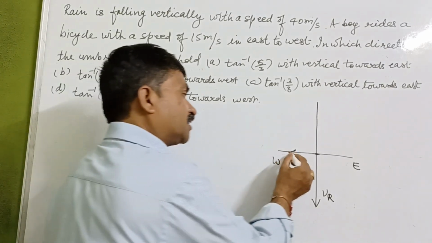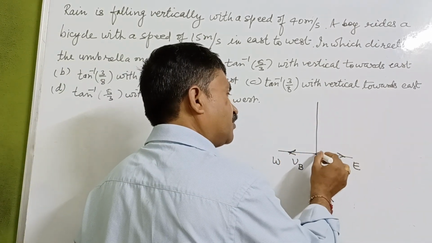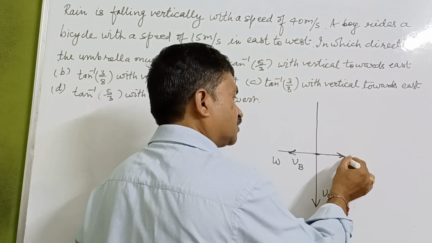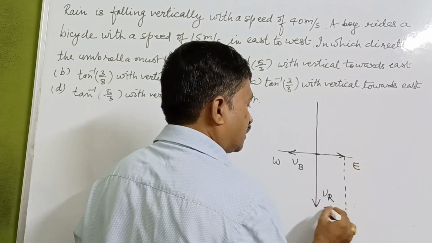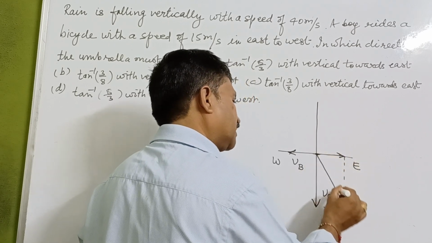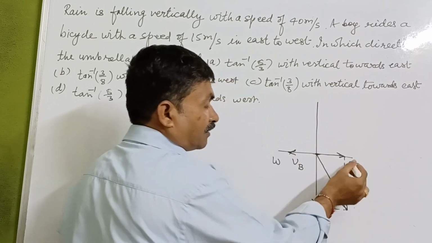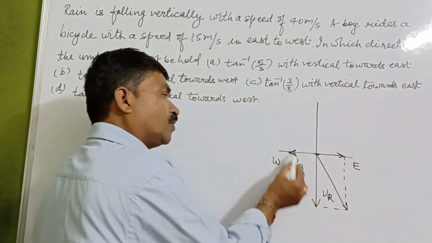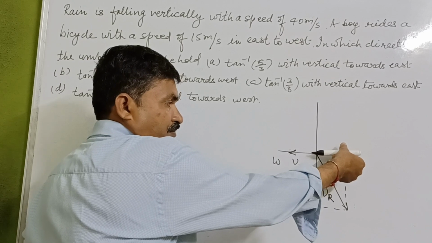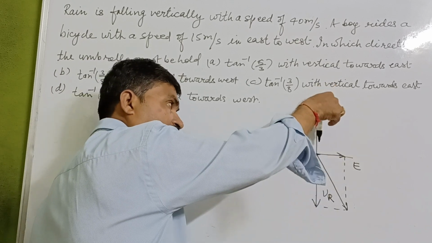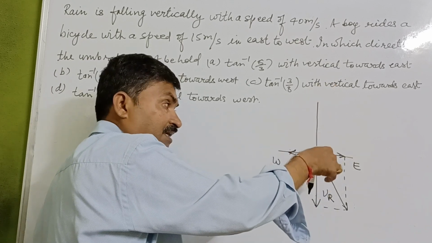Now if we take its component in the opposite direction, this will give the resultant. If we take it like this, this will be the resultant of these two velocities: the boy is coming in this direction, and the rain is falling vertically downward.